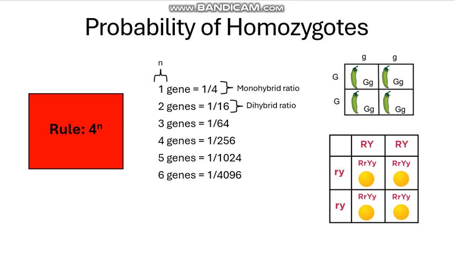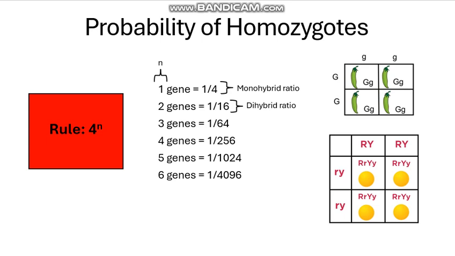So it's exactly the same as the 3:1 ratio, and this 1 in 16 is exactly the same as the 9:3:1 ratio that we get from doing a dihybrid cross that we would see here. I should have really used different pictures to show F1 crosses, because the F1 crosses get the idea much better.